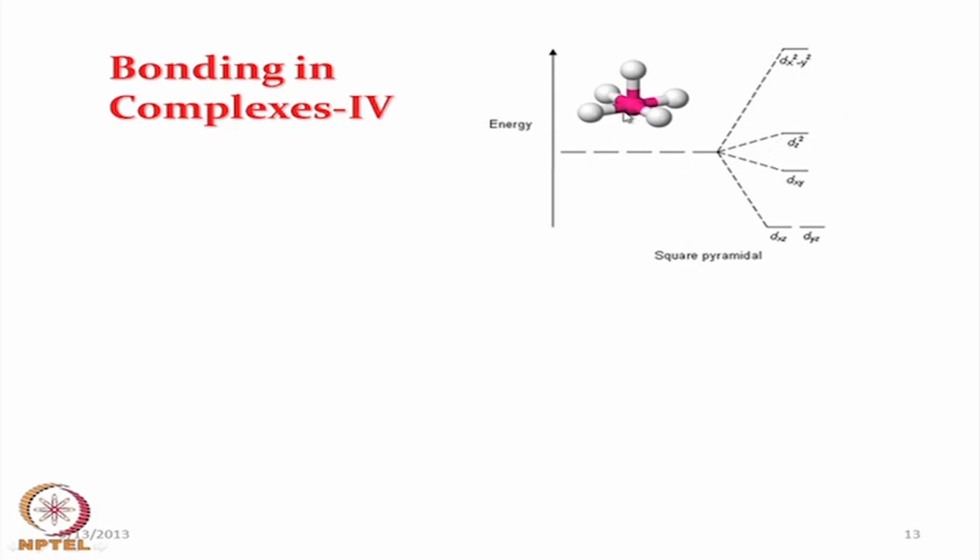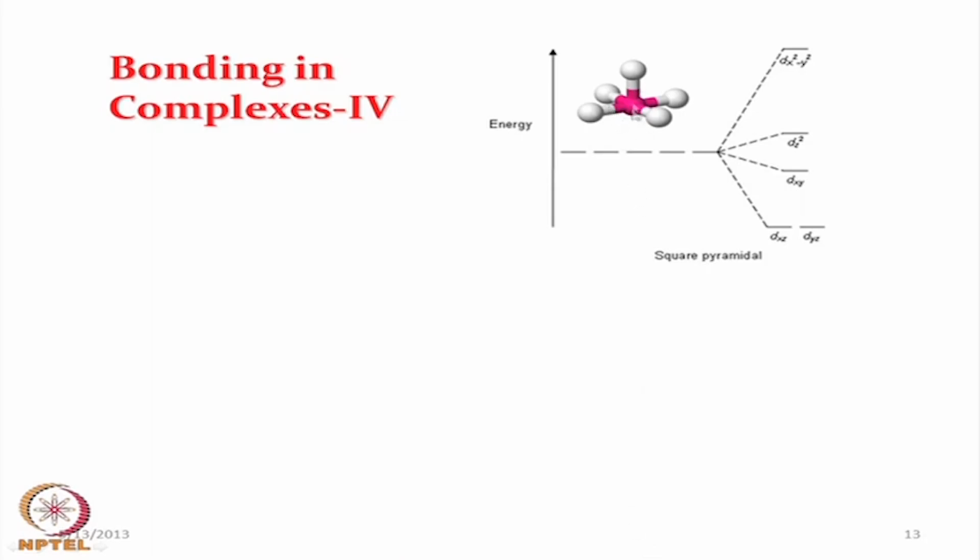Now what is happening, we are just stabilizing the particular axis, that means the z axis. So instead of a double z-out situation, this is a single z-out situation from the octahedral compound. So one of the ligands we are pushing from the metal-ligand distance to an infinite distance.